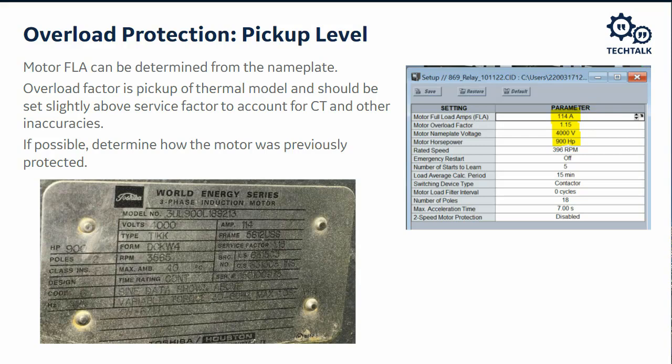And allowing for some of that overload does a few things for you. One of the things it does is it allows you to overload the motor. Now, the service factor is not meant to be continuous, and that's well defined by the motor manufacturers, but you're not really going to continuously overload this motor. The other thing that putting the service factor on there does is it allows you to accommodate CT error that you might have.